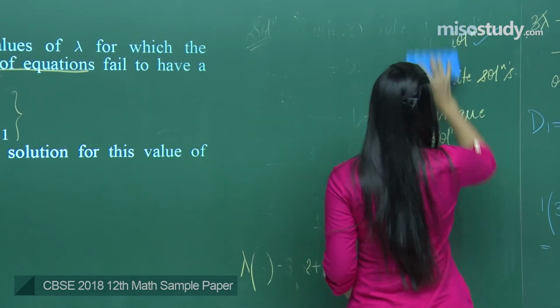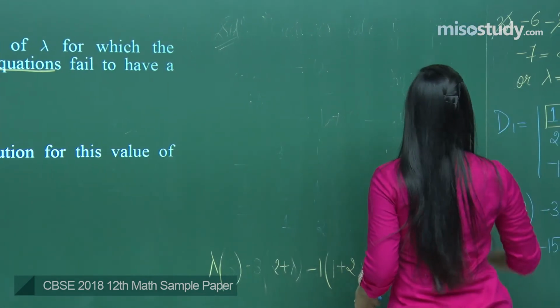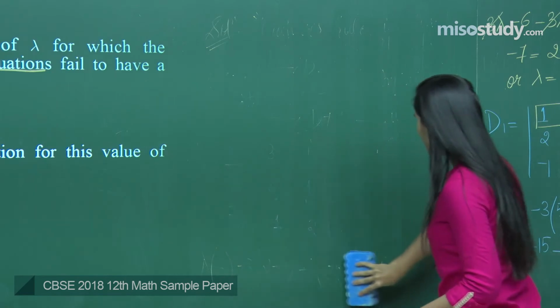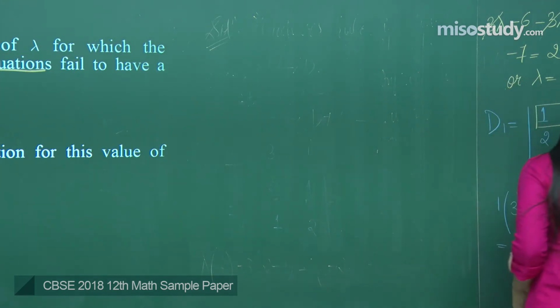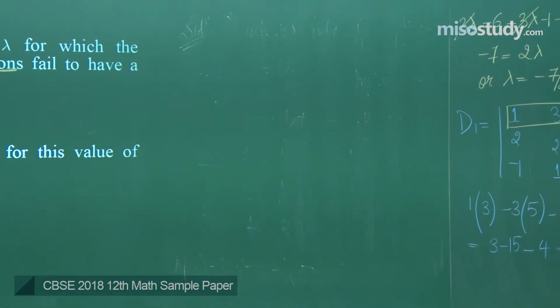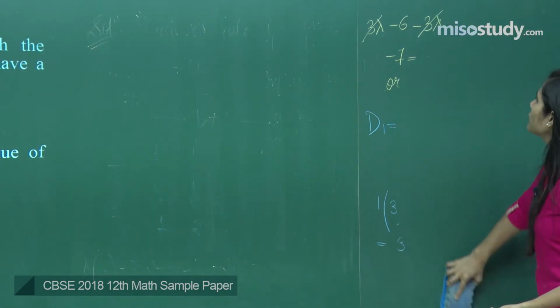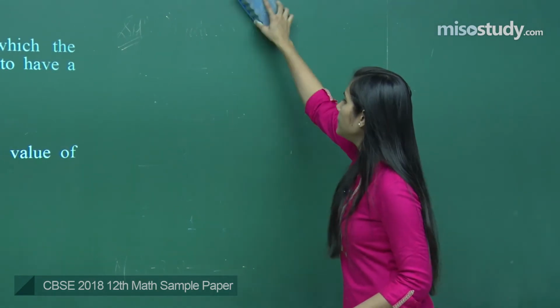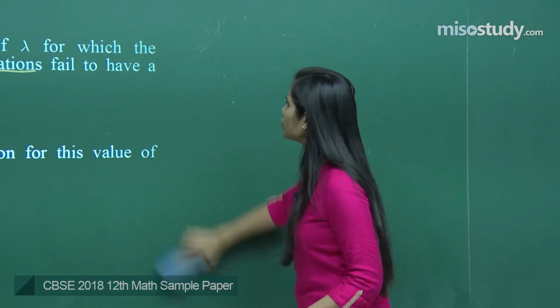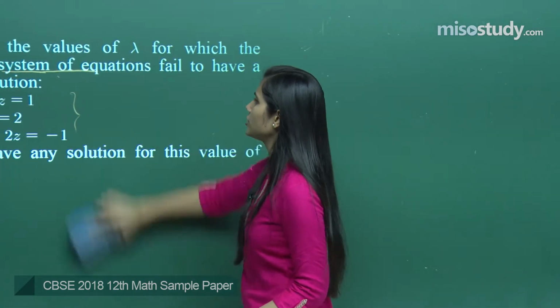Of course, there is no unique solution, but in fact, there is absolutely no solution for this lambda is what we have found. Now that we have done this question, which was very easy, a direct application of the Cramer's rule. You know the Cramer's rule, you'll sail through this question like anything.